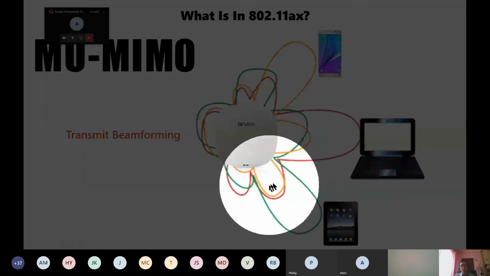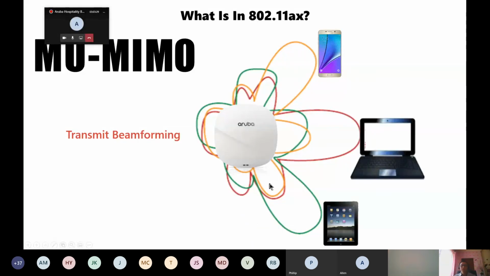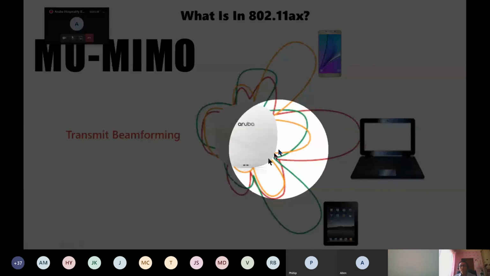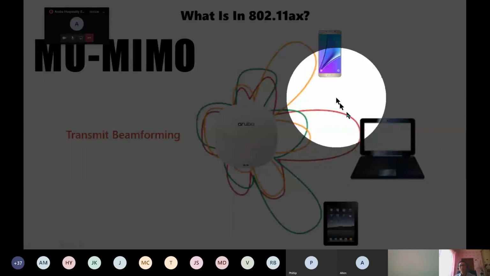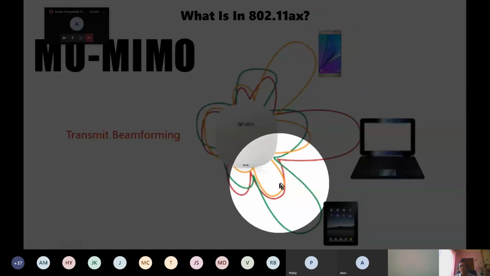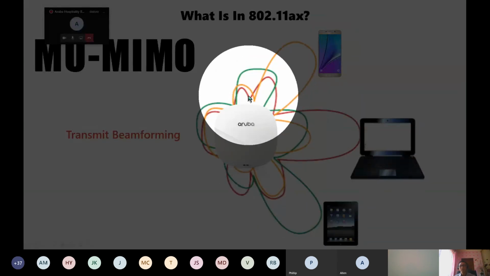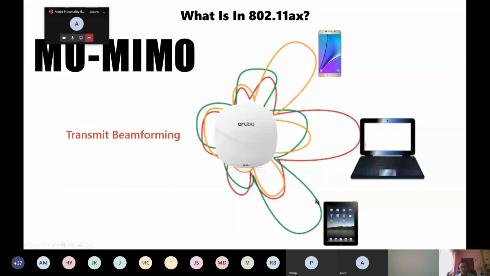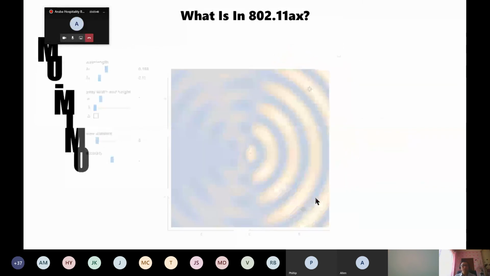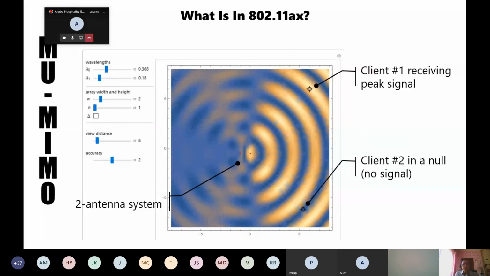So I'm shaping the signal. And same thing for the signal that is in red. I want to shape it so that my laptop gets it strong, but my phone and my iPad get it weak. The red is very little in terms of propagation to those spaces there. So this is kind of hard to imagine, but I'll give you this chart that helps you understand it a little bit better.